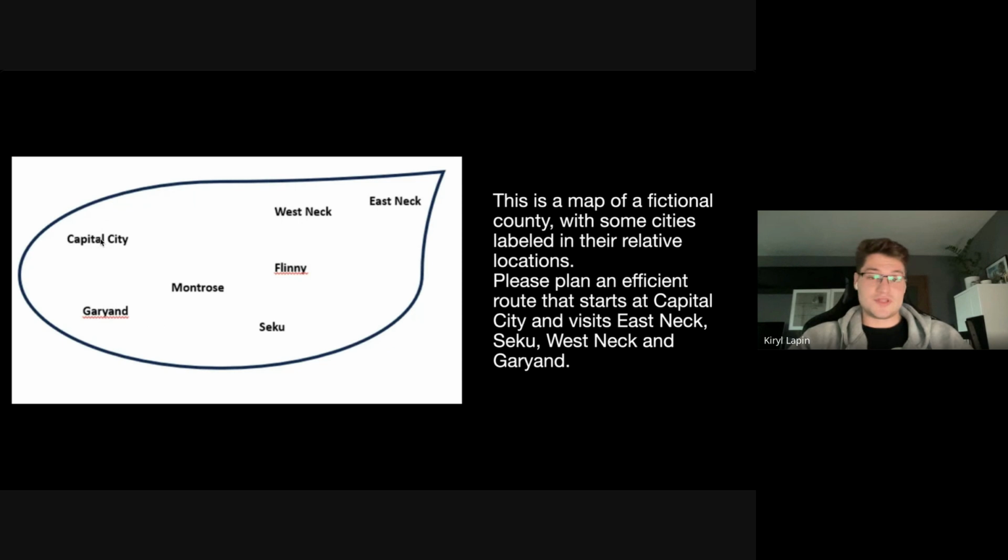And I want to visit East Neck, Seku, West Neck, and Gariand. So I think we can do this: Gariand first, then Seku, then West Neck, then East Neck. This is probably the best option.